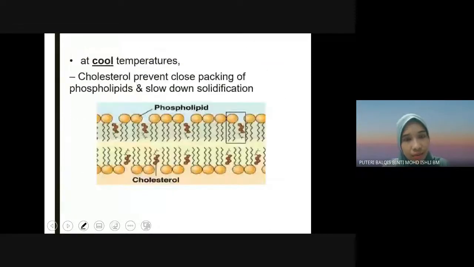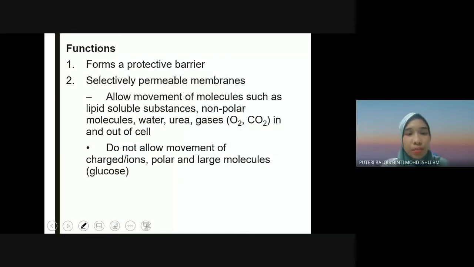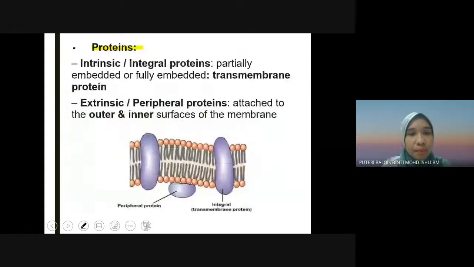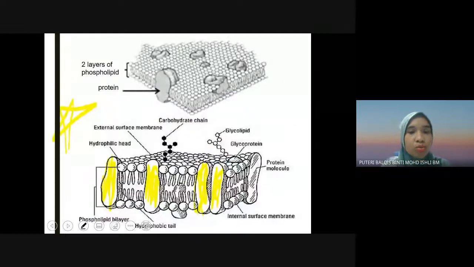Function plasma membrane dua ni, jangan confuse. Make sure you know how to draw the plasma membrane based on fluid mosaic model.